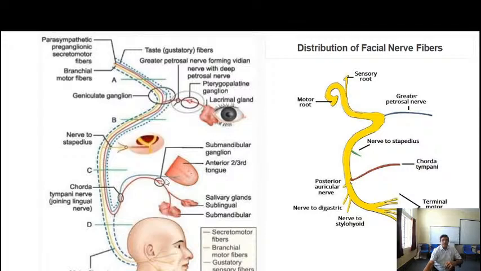The nerve travels along the lingual nerve once again, and ultimately joins the chorda tympani, and from the chorda tympani it goes to the geniculate ganglion, and that is how the sensory component is continued. So this is as far as the two motor and two sensory components.